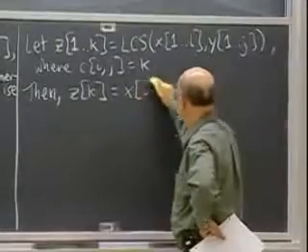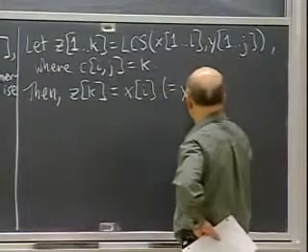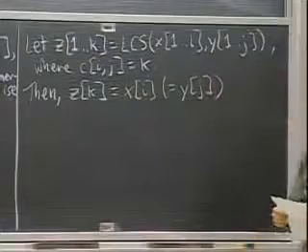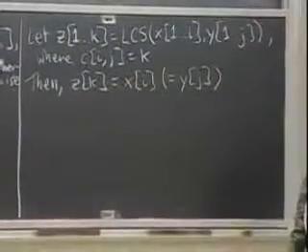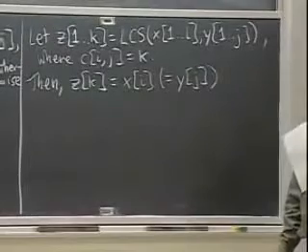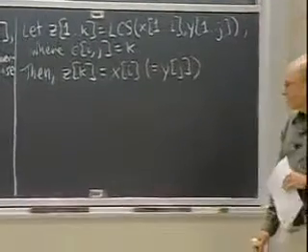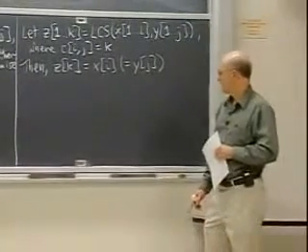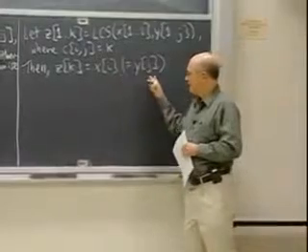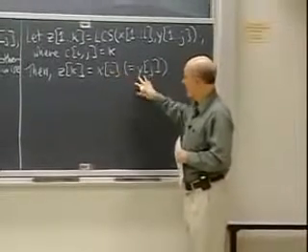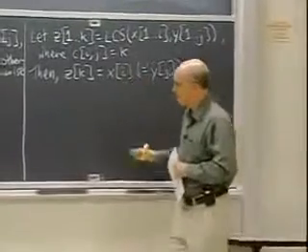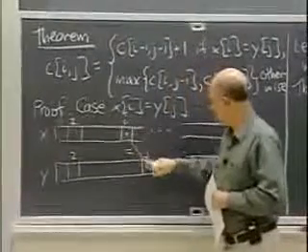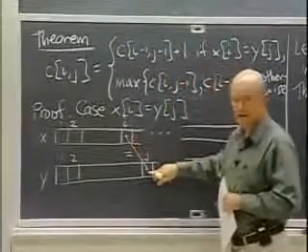Yeah, it's actually equal to x of i, which is also equal to y of j. Why is that? Why couldn't it be some other value? Because i and j are the last two values and they're equal. Yeah, so you got the right idea. Suppose that the longest common subsequence didn't include this element as the last element.